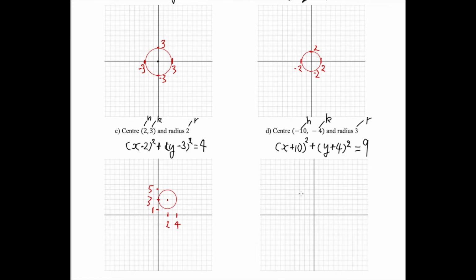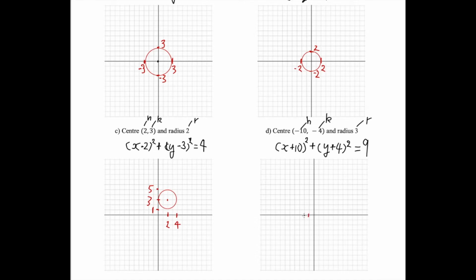Now you have to plot the circle, so that's just the annoying part, if anything. The center is going to be minus 10 and 4. So find minus 10. So 1, 2, 3, 4, 5, 6, 7, 8, 9, 10. Okay, tell you what, I'm going to just assume each unit is negative 2 instead of negative 10.